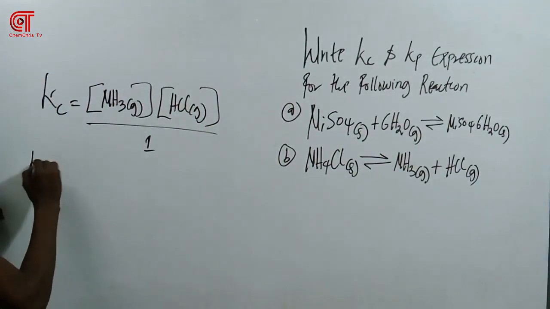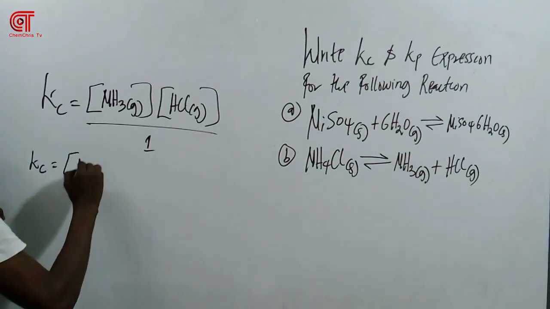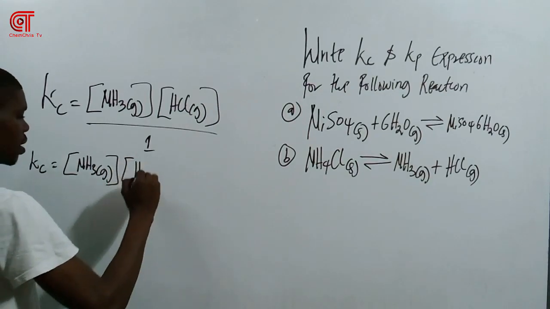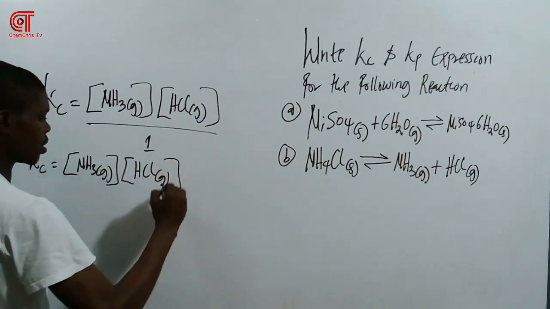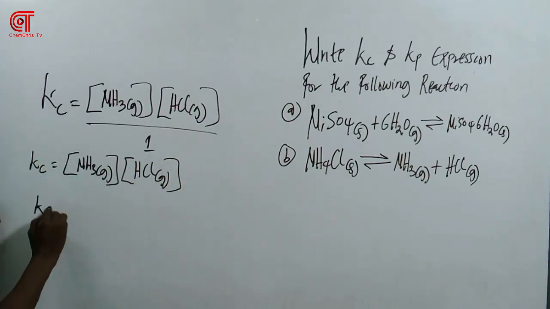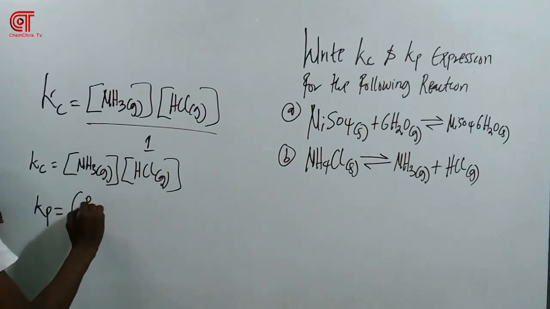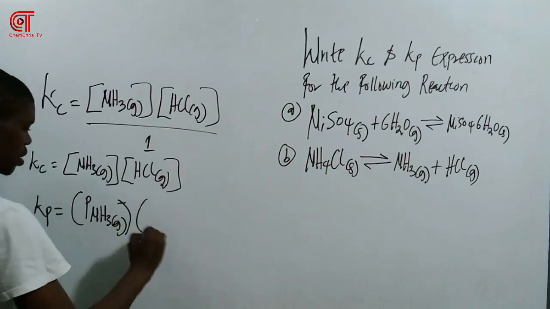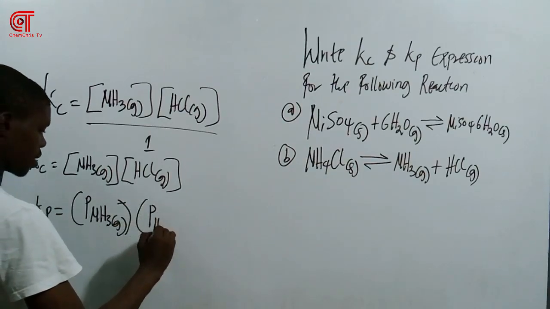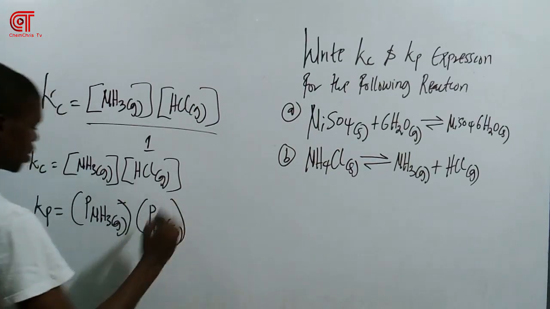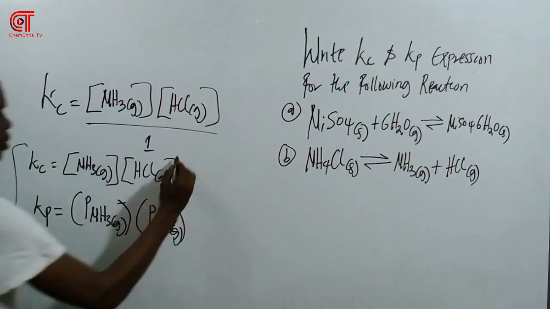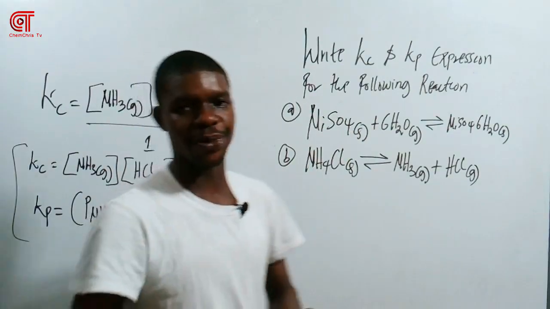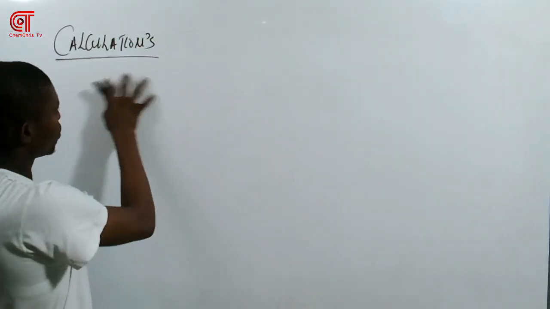So my Kc equals the concentration of NH3 gas times the concentration of HCl gas. For Kp, we have the partial pressure of NH3 gas times the partial pressure of HCl gas. So that is it. I believe now you have mastered writing Kc and Kp expressions. Now let me move to the calculation aspects.